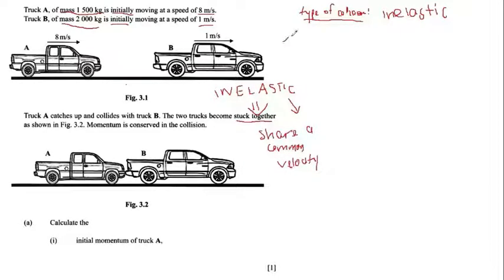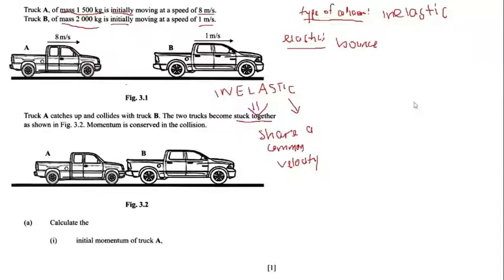For elastic, if you see words like bounce off, or move in opposite directions, or if you're given the speed of one of the objects after the collision and asked to find the other, then you know, okay, they're different. That's an elastic collision, okay? Or even if you're asked to find the mass and they give you the two final speeds, once the two final speeds are different, then that's an elastic collision.